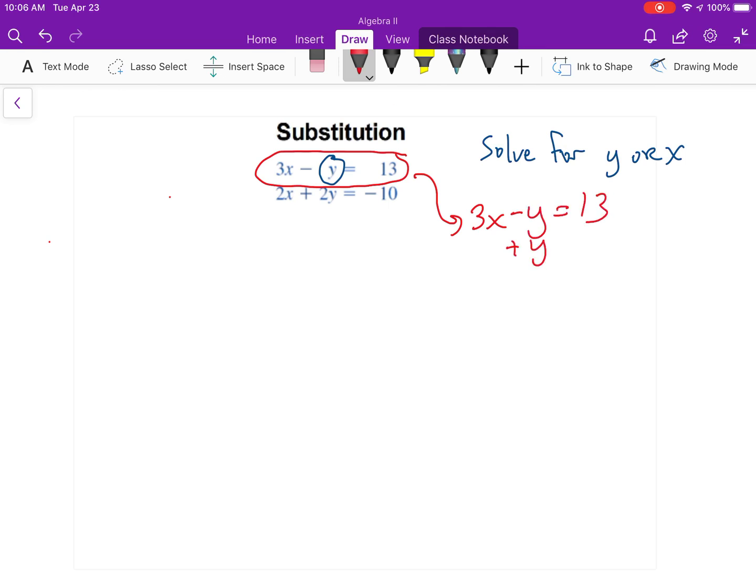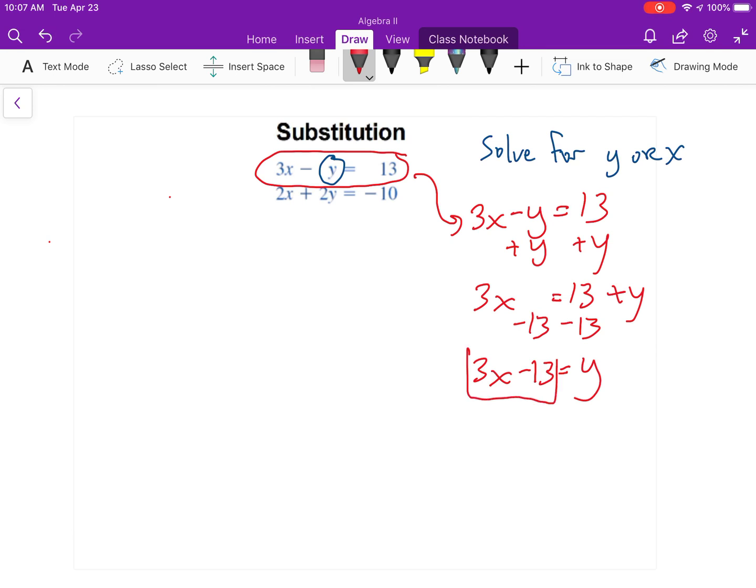I can add y to both sides and subtract 13. And what I mean by solve for y, I don't mean you'll get an actual answer for y, but you're going to get a new equation for y, or rewrite the equation.